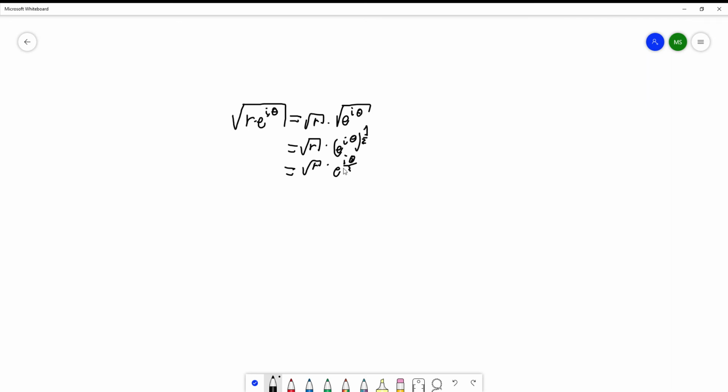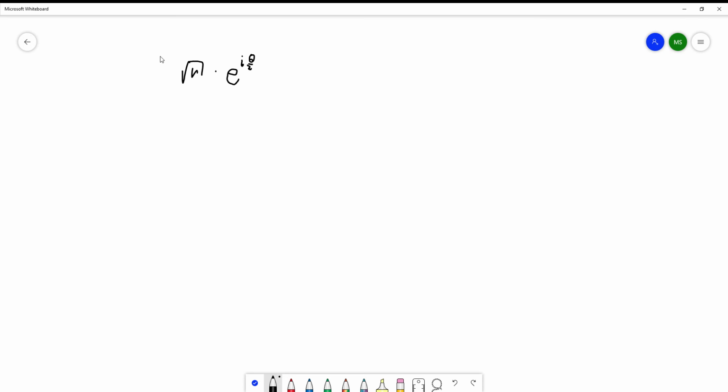Now that's the new polar form, but we want this i to be alone, so that's square root of r times e to the i times theta over 2. Now we want this in rectangular form again, so we'll use Euler's formula.